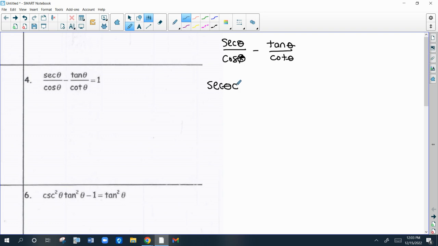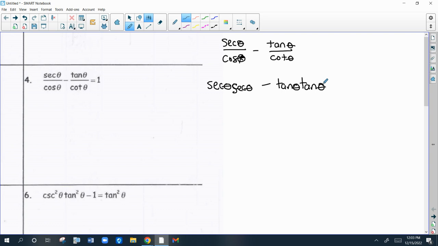It would make it its reciprocal, which is secant. But I'm going to fix that later anyhow. And then here, I'm going to bring the cotangent up and make it its reciprocal. Now from here, if you're really good with the trig identities, you can realize that this is secant squared minus tangent squared.